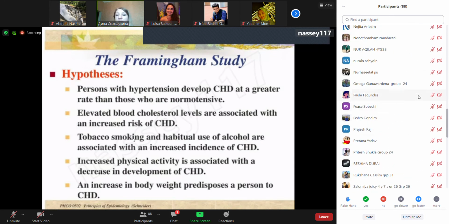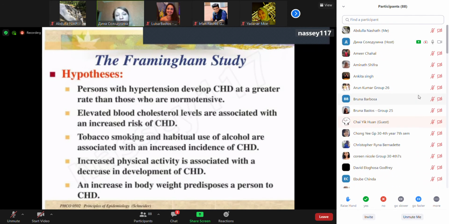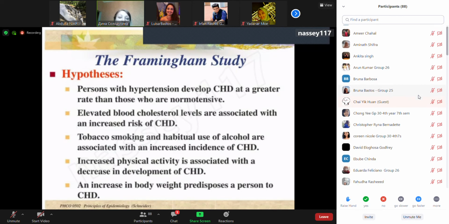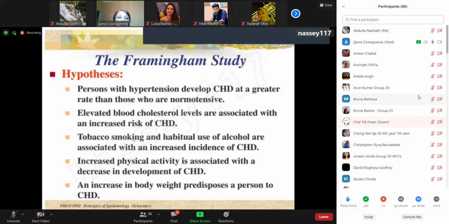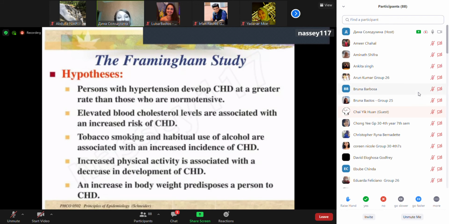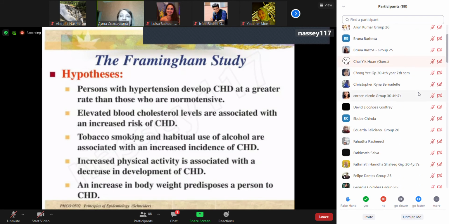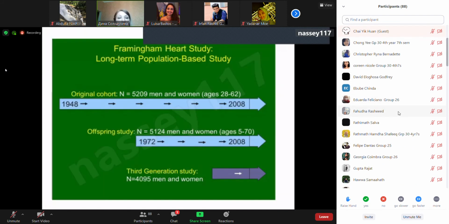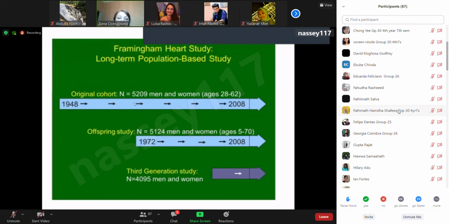It's a famous follow-up cohort study that took people with hypertension and evaluated many risks like blood cholesterol level, tobacco smoking, use of alcohol, physical inactivity, body weight, and others. So the idea was to detect the risks of coronary heart disease. In the Framingham Heart Study, the original cohort included 5,209 men and women aged 28 to 62.